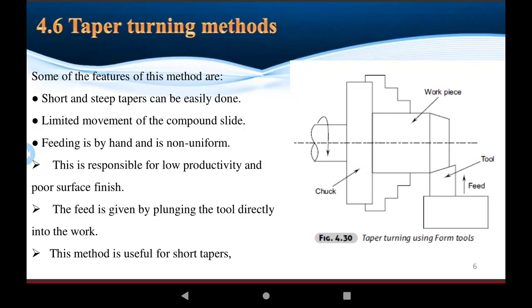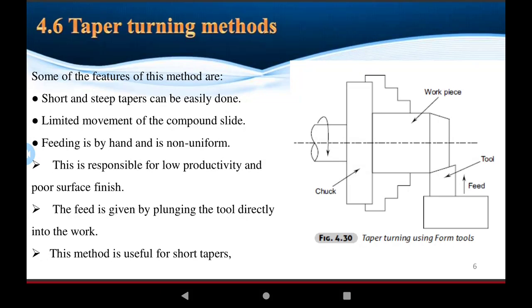The feed is given by pushing the tool directly into the work. This method is used for short taper operations.